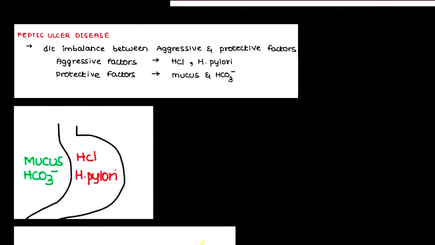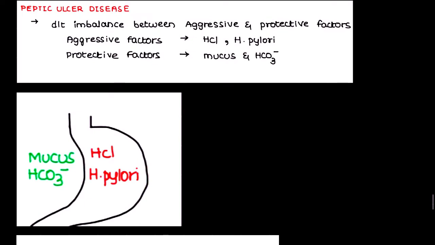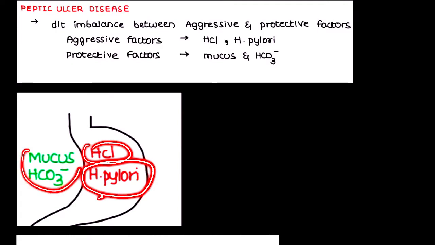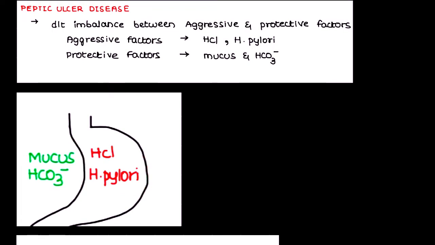So in order to treat peptic ulcer disease, we can initially decrease the production of HCl, or we can kill a large number of H pylori, these microbes, or we can increase the production of mucus or HCO3. In this way we can treat peptic ulcer disease.